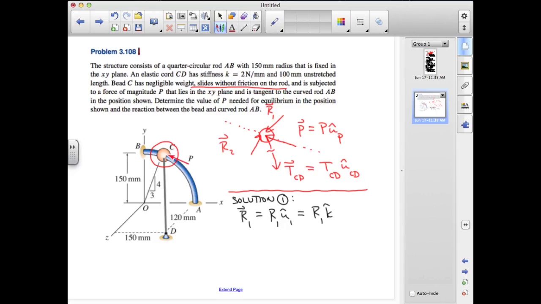And then the second reaction component will have to be perpendicular to both the quarter circular arc and the first reaction component, and that will be satisfied for a quarter circular arc by picking a second reaction direction that goes just in the radial direction, and we actually have in the figure what that orientation is from the 3, 4, 5 triangle that's shown there. So we'll write vector R2 as unknown magnitude R2 on a second unit vector, and that will end up being 3/5 I plus 4/5 J.